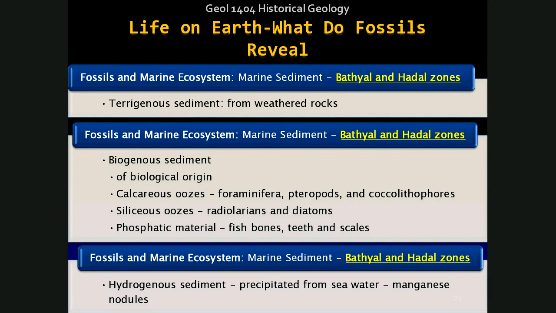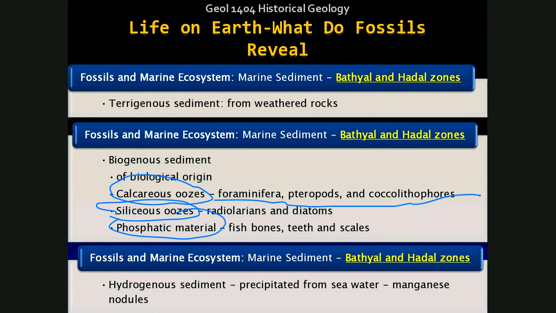That biological sediment can be a calcareous ooze, which is made of shells of foraminiferans, pteropods, and coccolithophores. Or the biogenous sediment can be siliceous ooze, made of shells of radiolarians and diatoms. Materials such as fish bones, teeth, or fish scales may also be found, in which case they are made of phosphatic material.